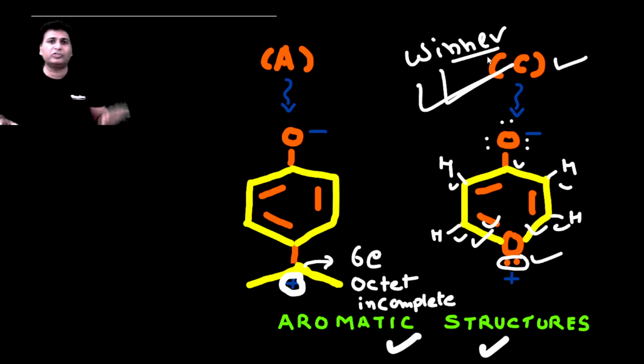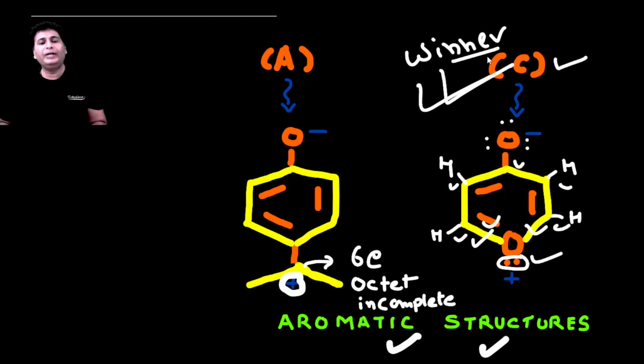Immediately we found the structure A and the structure C. Compound A and compound C had aromatic structures. Then in order to break the tie, we saw that C had an extra advantage. What? All the atoms had completed octet, but the structure A lagged at 1 carbon, the carbocationic carbon, which had an incomplete octet.